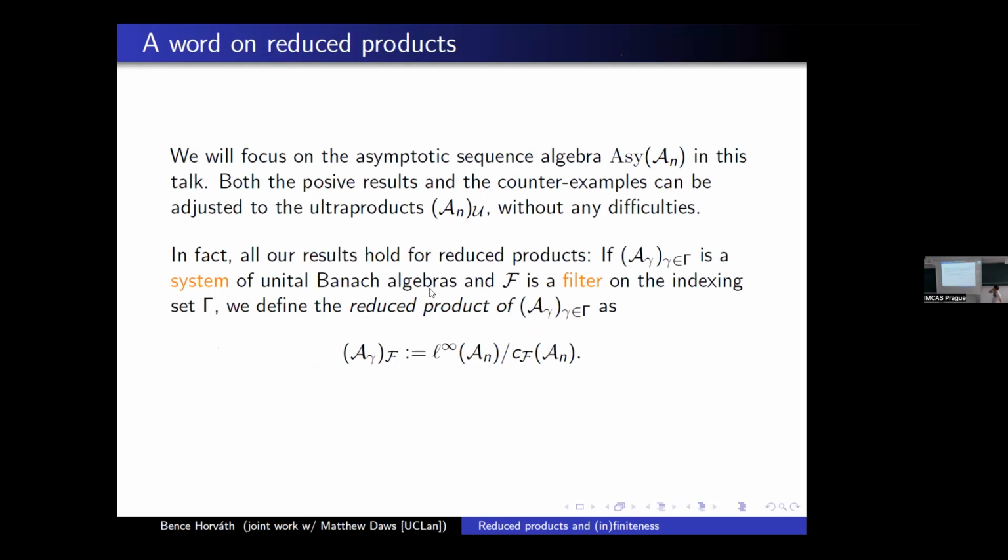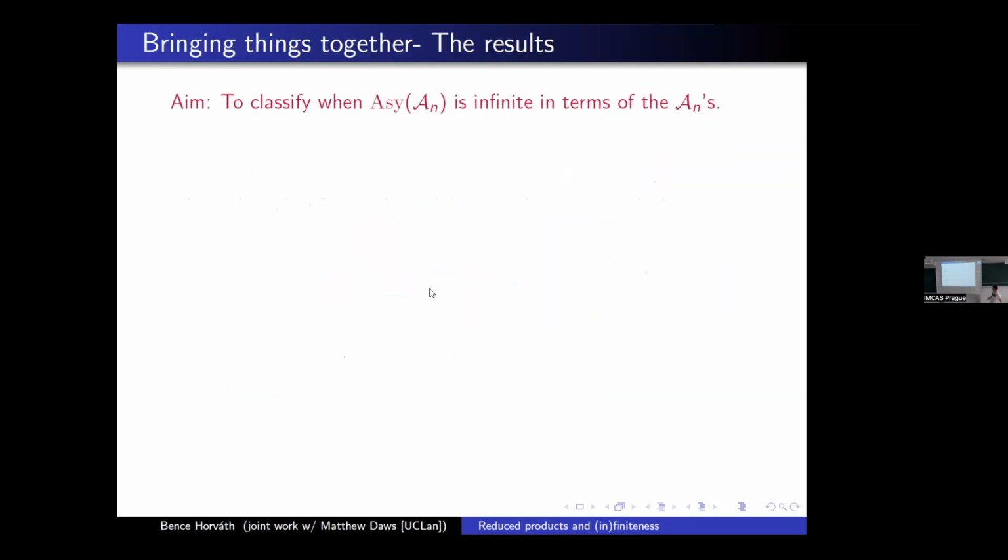The reduced product is basically a more general notion than an ultraproduct. Sometimes you care about these things. So instead of an ultrafilter, you just take a filter and take these constructions like that. Both the asymptotic sequence algebra and the ultraproduct are actually just special cases of this more general one.